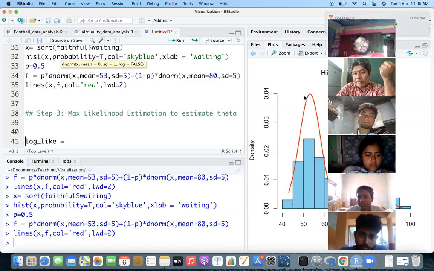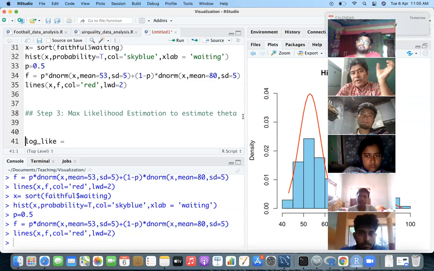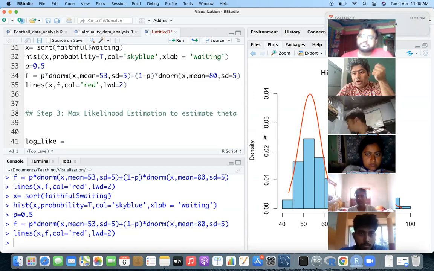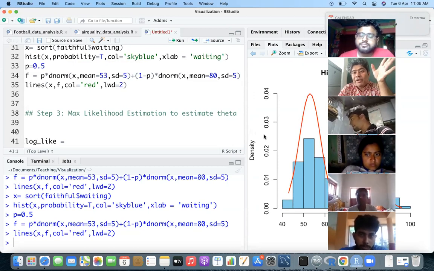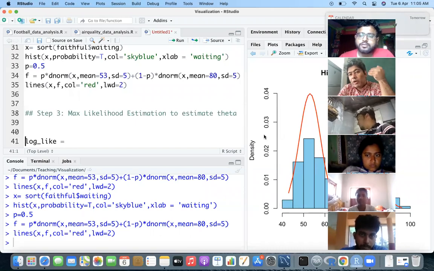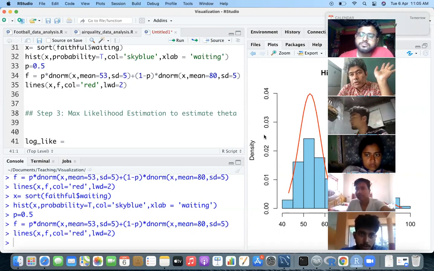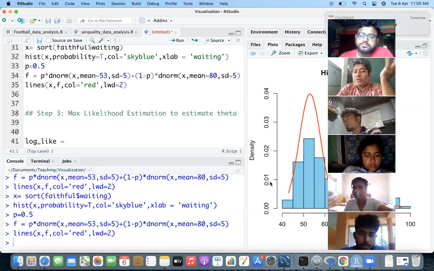Now we have about 150 data points. When we take the product of them in the likelihood, this will become smaller and smaller, and there is something called the floating point error problem. So after a while, the computer will say, oh, I cannot handle a smaller value than this, I will make it 0. So it will make all the likelihood values 0.